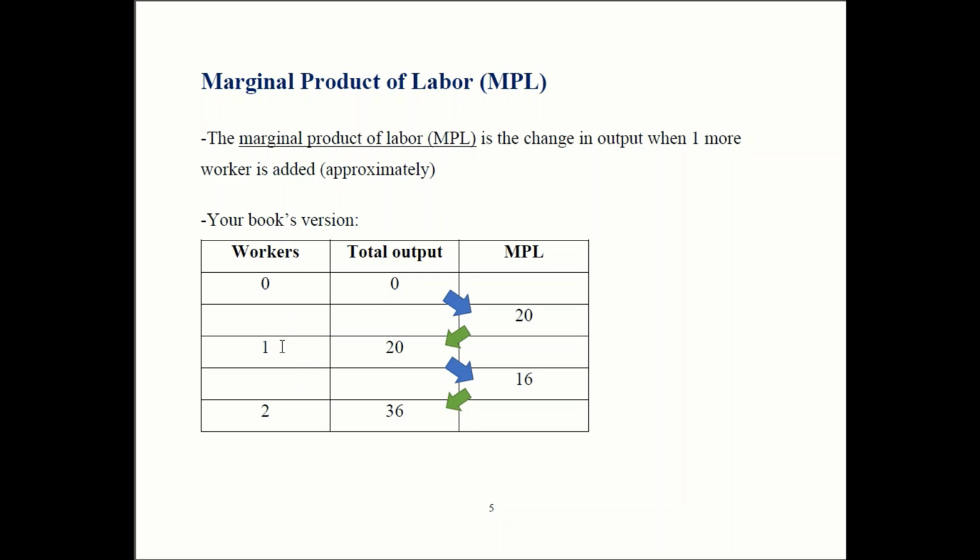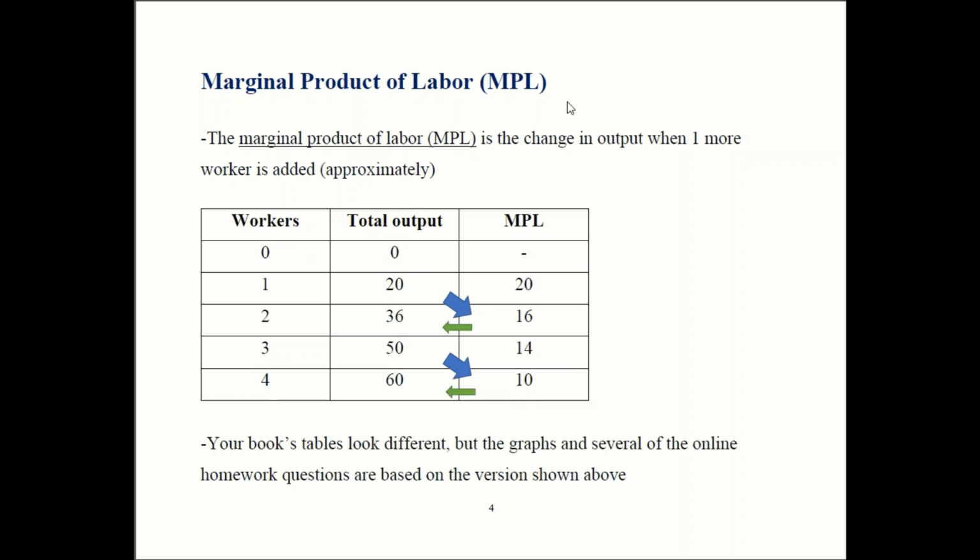They have a gap between 0 and 1, and in that gap they put the 20 for MPL being 20. Likewise, when you go from one worker to two workers, they put the MPL of 16 in between those rows. So that's what your book is doing, but again, most of the problems you'll face will look more like this one over here. So this is the one you want to focus on.